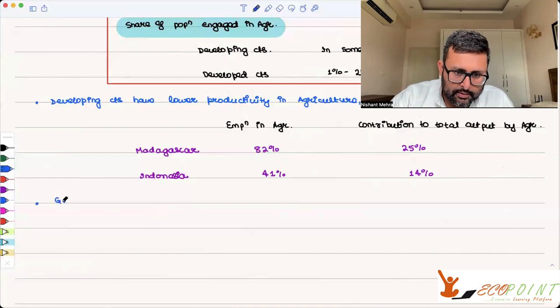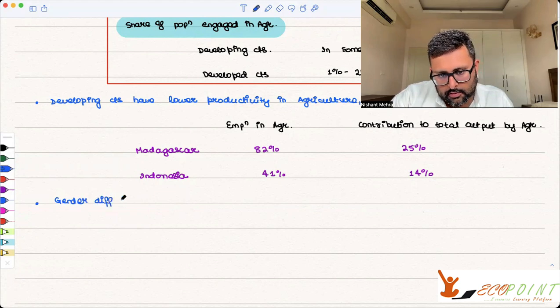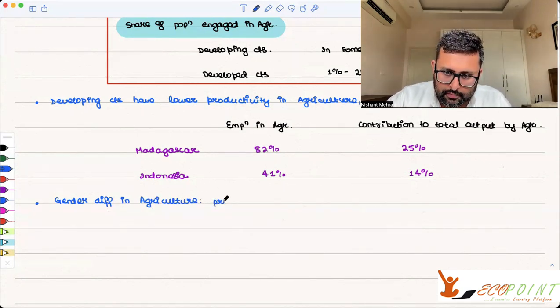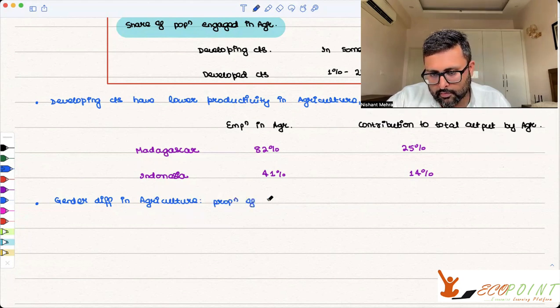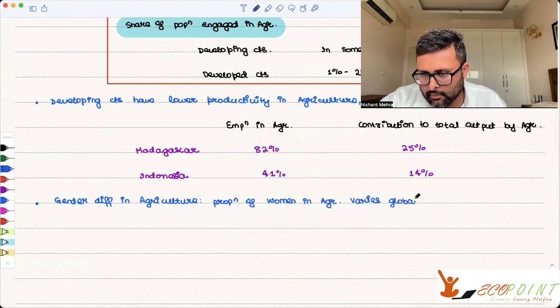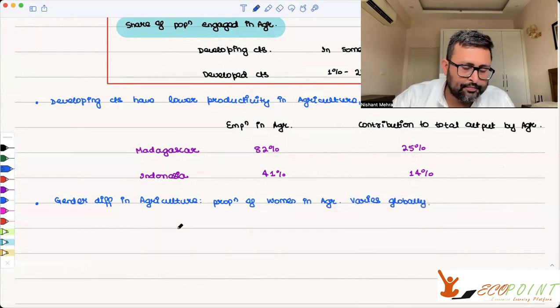Gender differences in agriculture. So you can say that the proportion of women in agriculture varies globally.